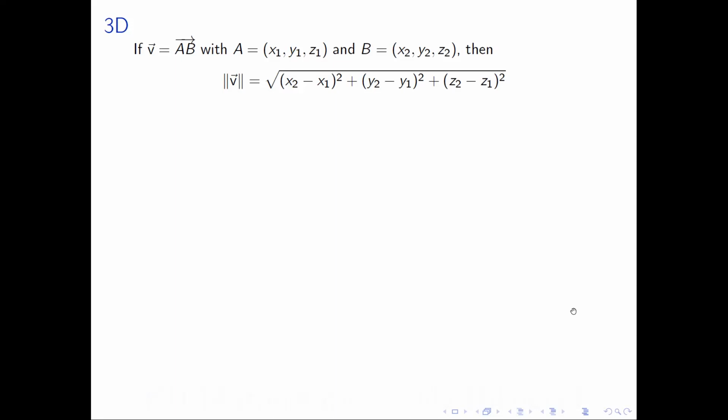So basically you have to do the subtraction of the components, then you take each difference to power 2. So the magnitude of V is going to be square root of quantity (x2 minus x1) to power 2 plus (y2 minus y1) squared.